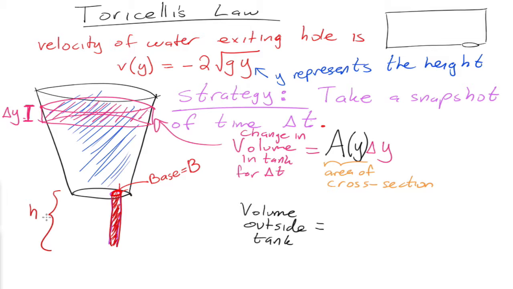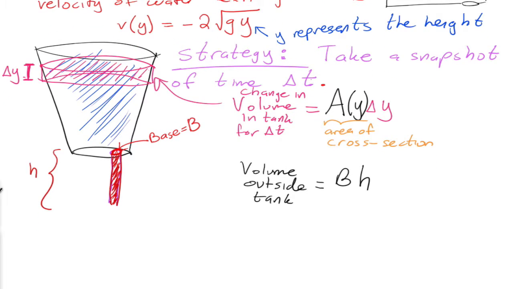This is B times H. That's the other one that I told you earlier, right? Okay, so we'd set those two equal to each other.